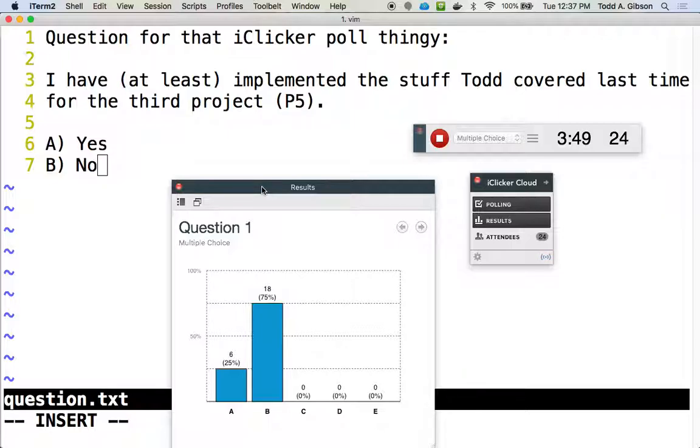I think I've mentioned that historically this is the project where most people drop out of the class. It's such a rat's nest of stuff to get done, and I'm hoping a combination of last Thursday and this coming Thursday will really clear the air enough to increase the success rate.